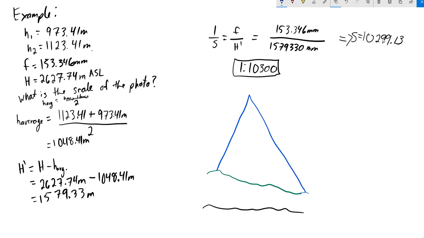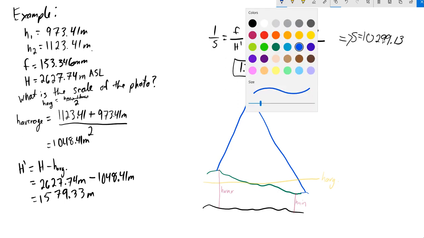I've taken my values for my highest point, which is here, and this is the lowest point. So this is H max, and this is H min. And then what I'm trying to do is find out that center line in between, because that's approximately halfway, so that's like H average.